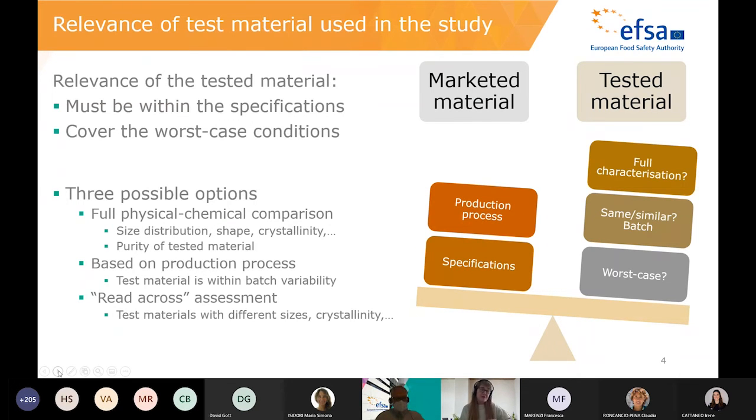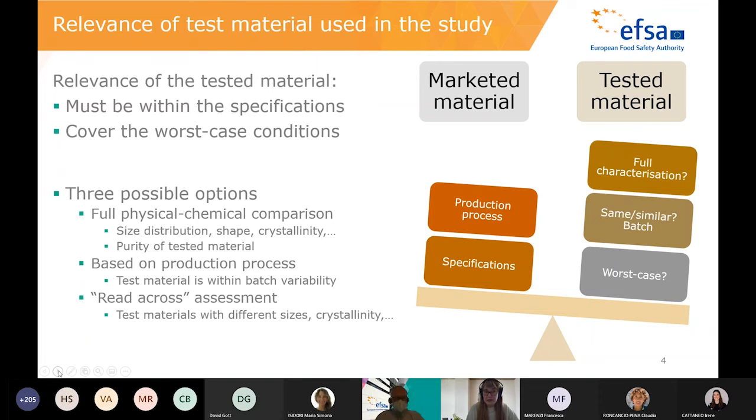And also, if we investigate batch-to-batch variability, this should be representing that the variability is limited, and if there are specifications, so according to the existing specifications or according to the proposed specification for the new material.